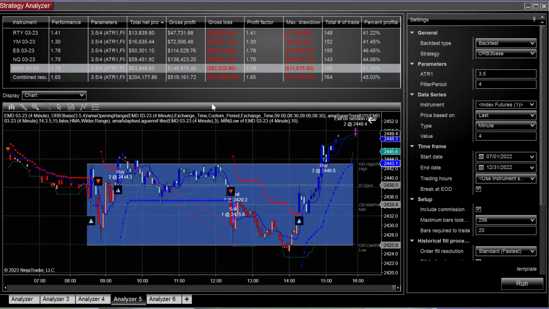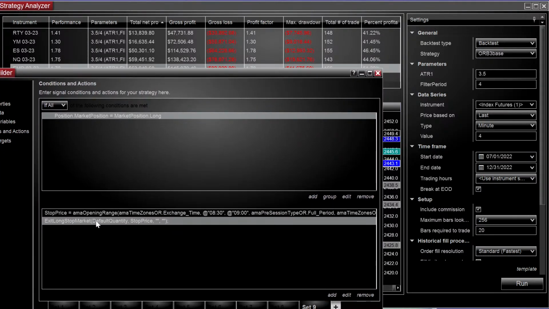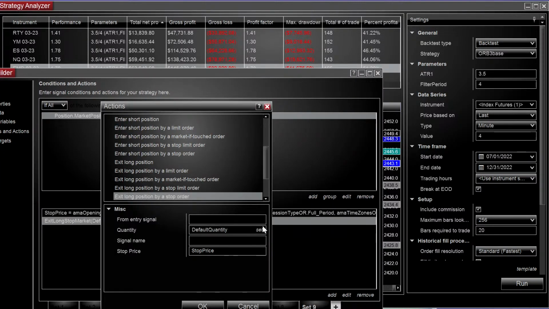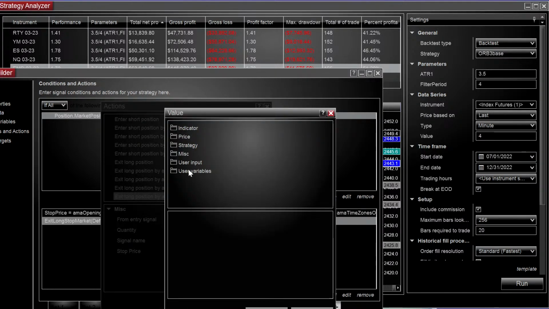But that is an interesting premise though, that maybe at the opening range low, we just take off some size. Let me actually see real quick. Yeah, because the Laguerre. Okay. So yeah, let's just change it to position quantity and see how that affects.